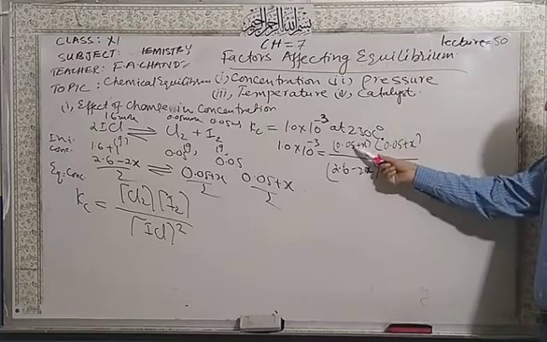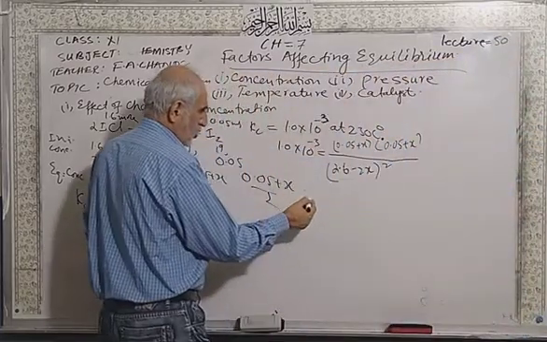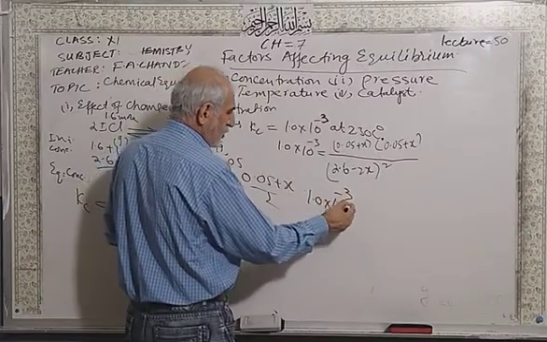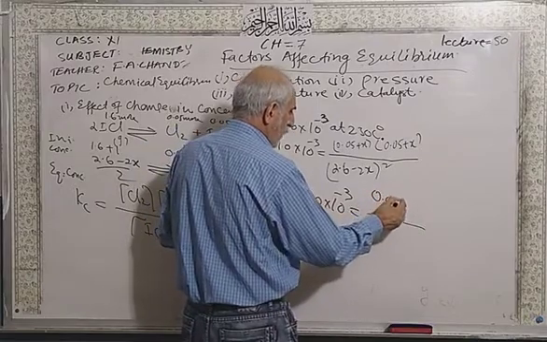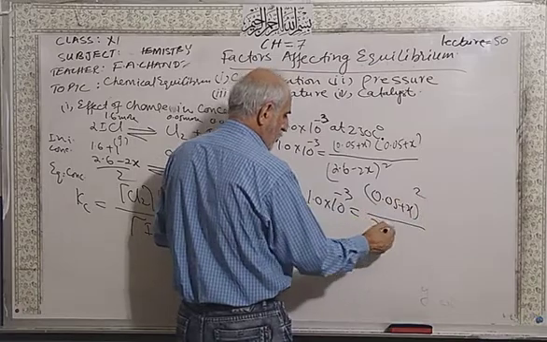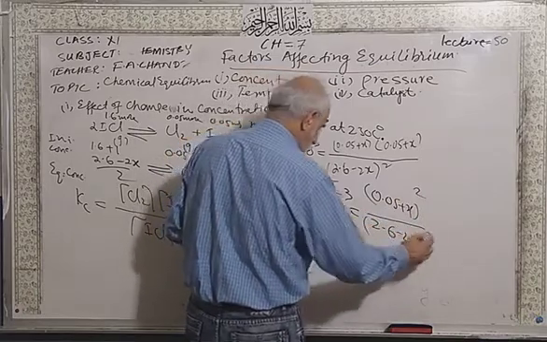So dear students, they are both the same, so we make it a square. So 1.0 × 10 raised to the power minus 3 equals (0.05 plus x) squared over (2.6 minus 2x) also squared.